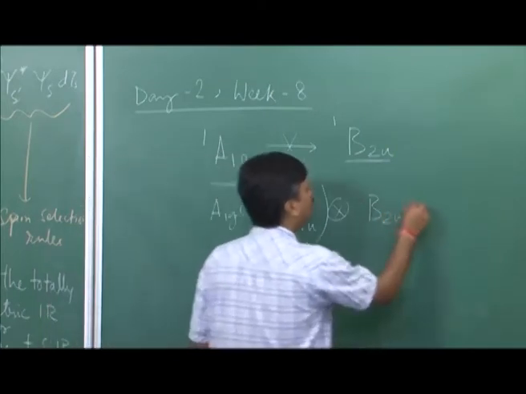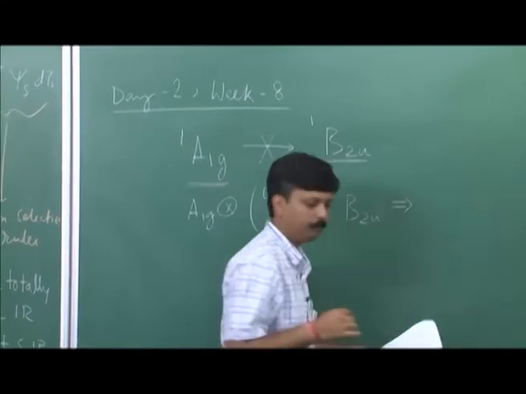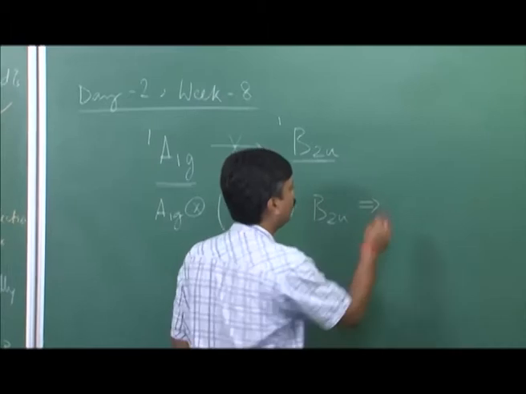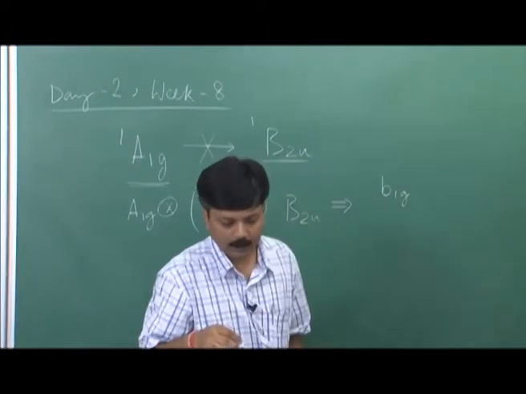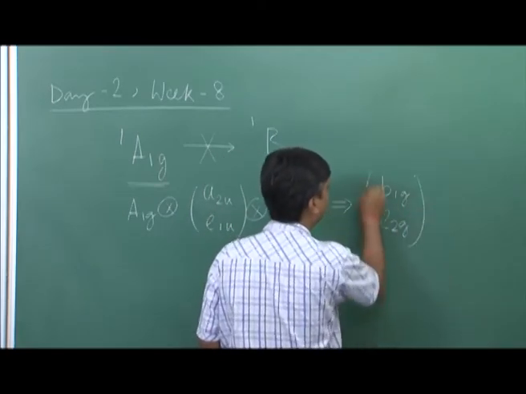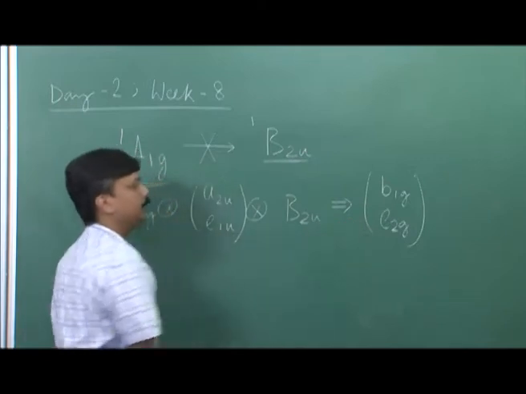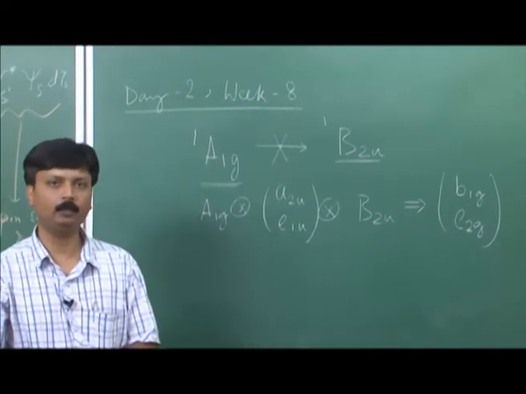After doing that, what I get is B1g and E2g. This is for the first one, this is for the second one. So these two are not the totally symmetric irreducible representation, right?